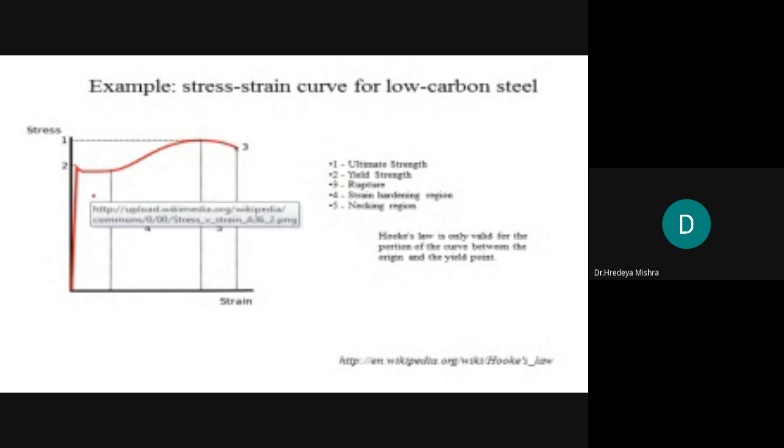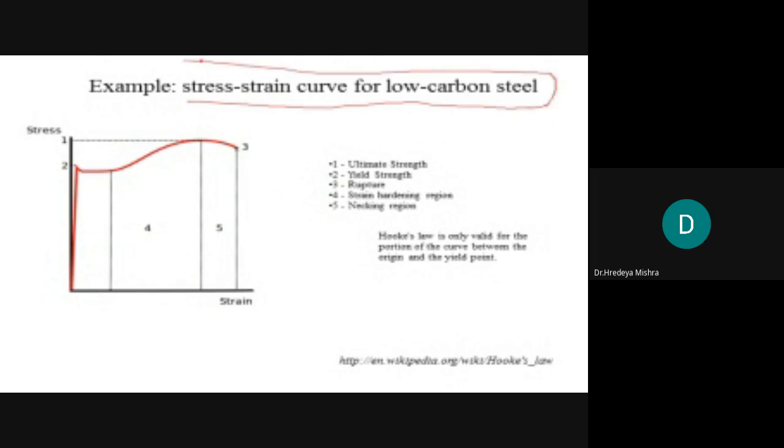Now, an example of the stress strain curve for low carbon steel. Low carbon steel is ductile. Point 1 is the ultimate stress, point 2 is the yield stress, point 3 is where rupture or fracture occurs.